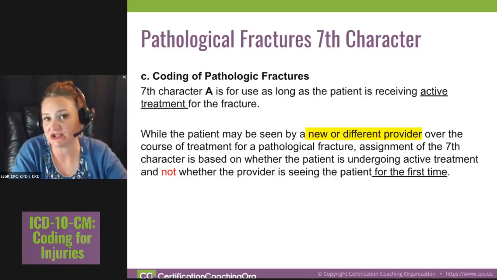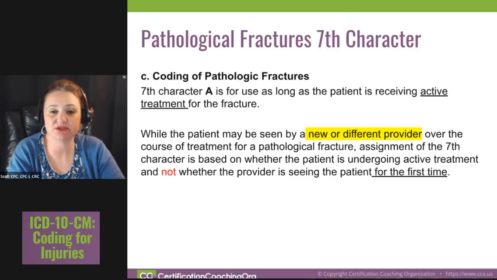Now, with fractures, some examples you're going to see of this would be a patient who came into the ER and they want them the next morning to go and see the orthopedist, and the orthopedist decides to manipulate the fracture or maybe cast the fracture, okay?